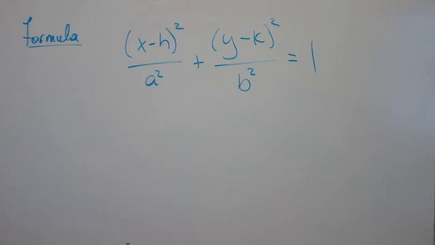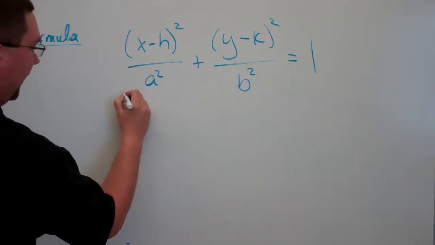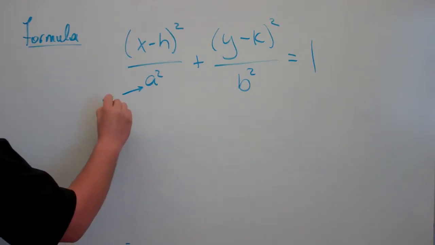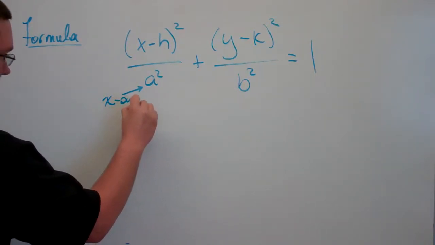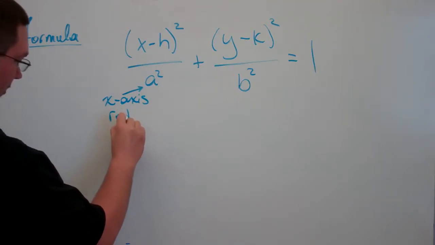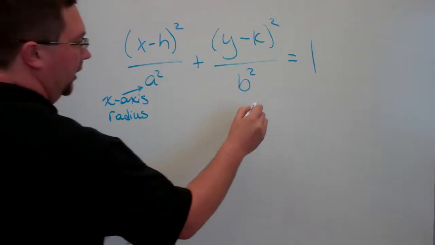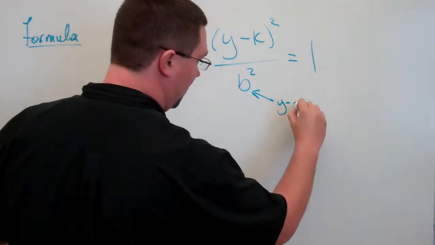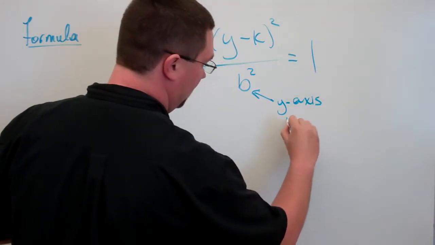Now, what exactly does all this mean? Well, a here is your x-axis radius. I'm going to draw a picture in a second. And b squared is your y-axis radius.